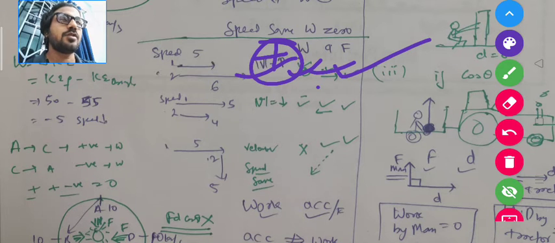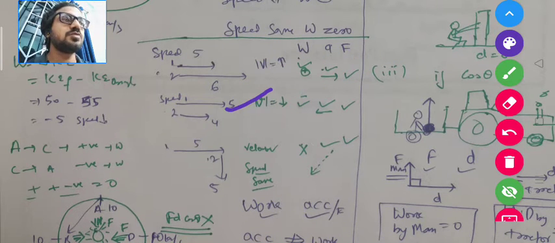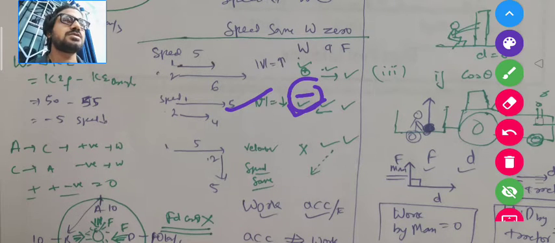But when you are applying the brake, suppose it is going at 5 km per hour and now it is going at 4 km per hour, you have applied some opposite force, the brake, so the speed is decreasing. The magnitude of v, mod v, is speed, so speed is decreasing. Work is done, but for decreasing speed the work is negative. The sign of the work is not a vector; it is notifying that the speed is decreasing.